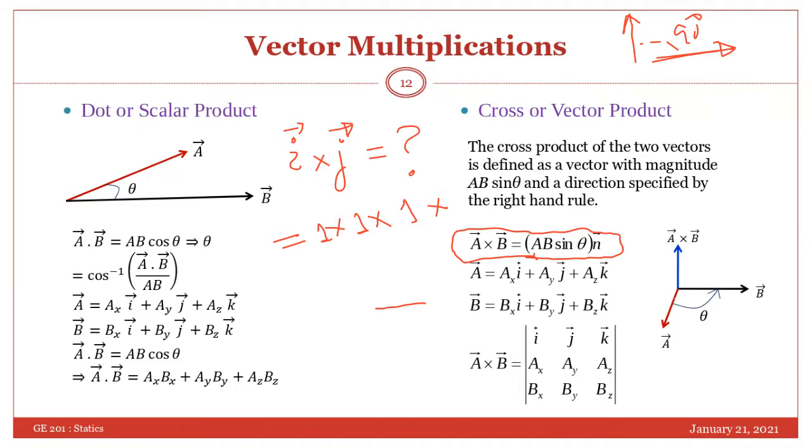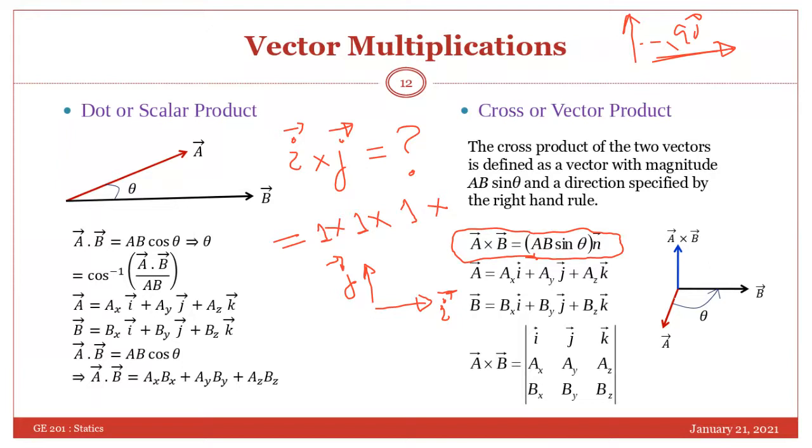See here, this is I, this is j. When you are going to take I cross j, use the fingers, turn from the first vector to the second vector. These fingers, I move towards j. So when you move your I towards j, the thumb will be pointing towards your face. That is the direction k, direction z.